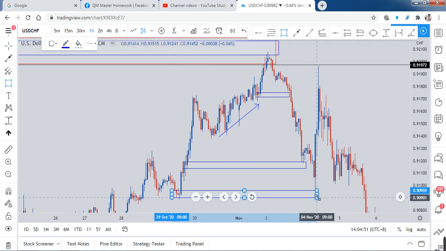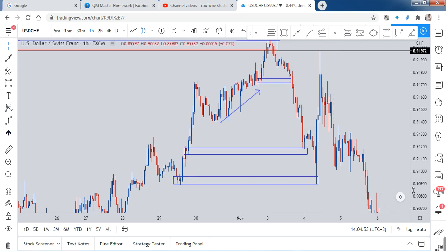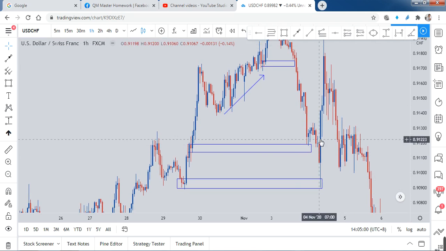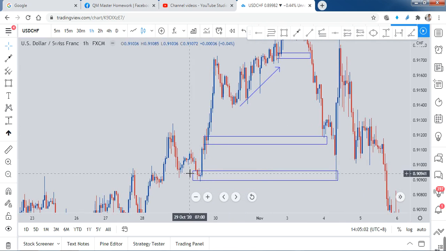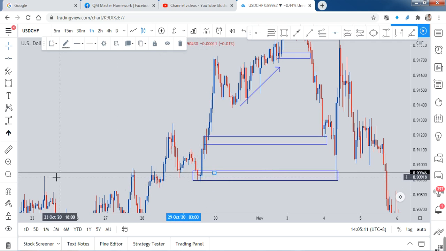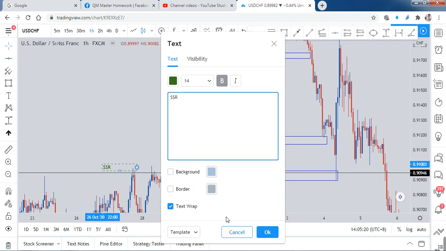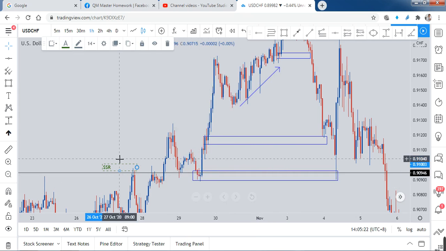So where is my take profit zone? Honestly, because it already happened, I'm going to show you where I put my take profit zone. I really did put it over here. The reason is that behind this demand zone, if I put a horizontal line, you can see there is a lot of rejection, which means this line is an SSR. An SSR with a demand zone is very, very powerful.